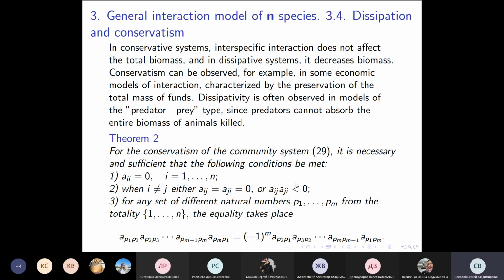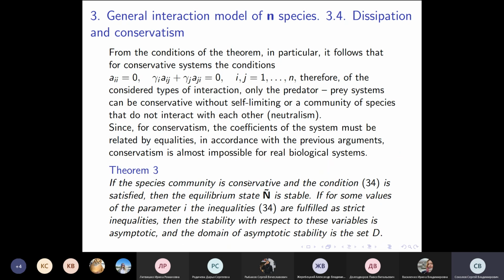And the same as our theorem, the equilibrium state is stable. And there is no condition 3-4 for our case because all the coordinates of our equilibrium are positive.